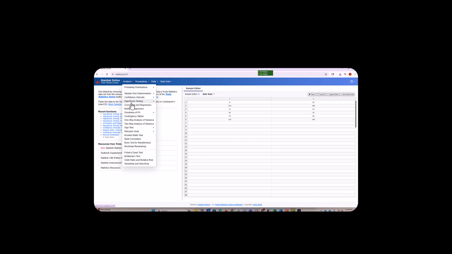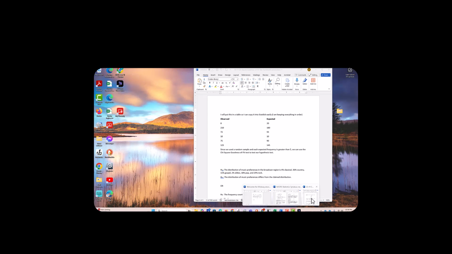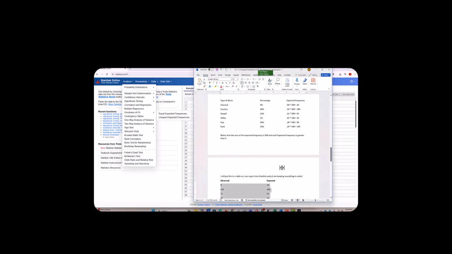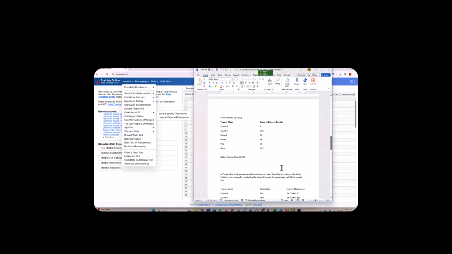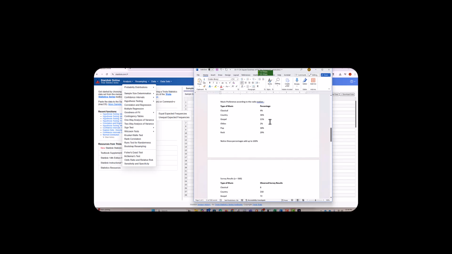Analysis. Goodness of fit. Do you choose equal expected frequencies or unequal expected frequencies? Well, if you go back and look at the percentages here, these are not equal. So according to the radio station, these were all different.